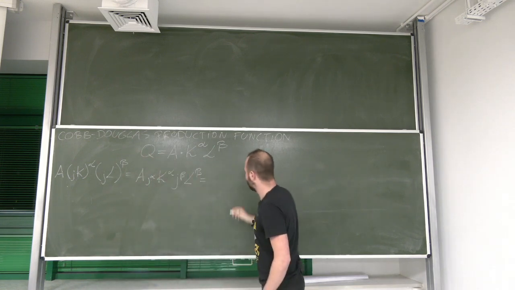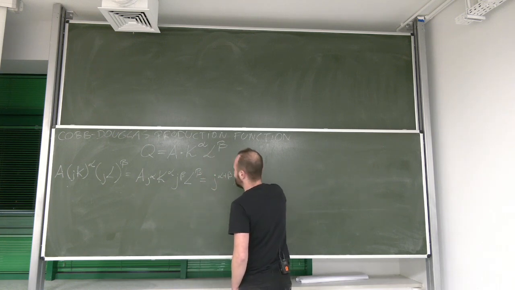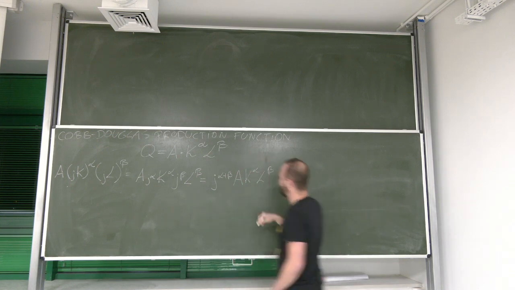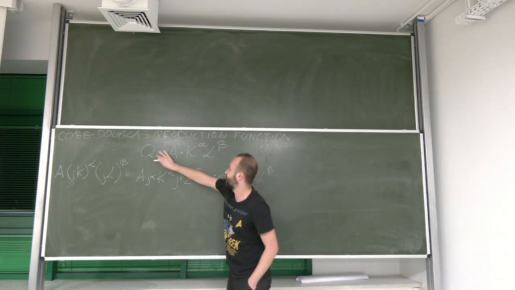Or after simplification, we get that this is J to the power alpha plus beta times A K^alpha L^beta, right? So we see that here we actually got Q.